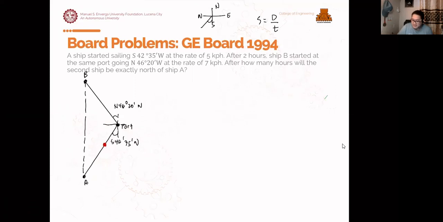So, para makuha si distance, distance is equals to rate times time. Okay? So, ano yung rate natin? So, dito, mula dito sa port, papunta dito, ito yung 2 hours. So, kung 5 kilometers per hour siya, ibig sabihin itong distance na to is ilan?